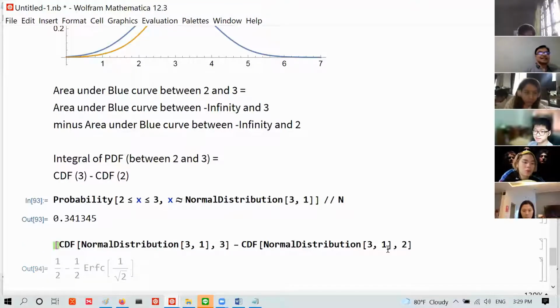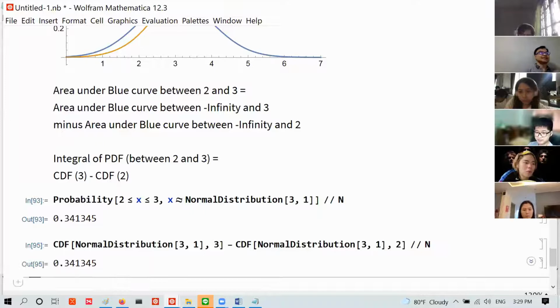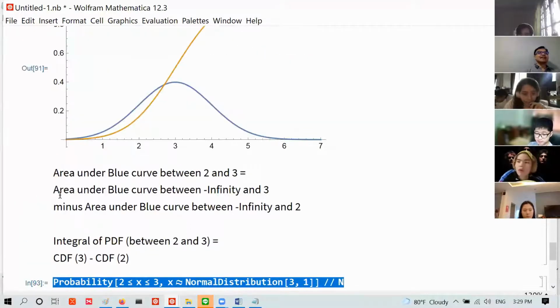I have to make it numerical. Same number. This is what I want. Graphically, it is the area under the curve between 2 and 3. So it's an integral between this and that.